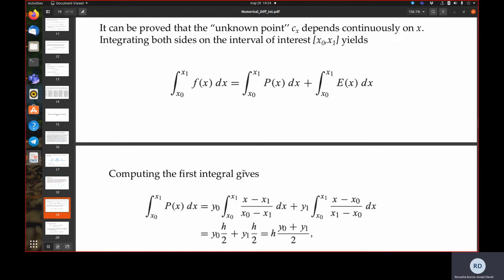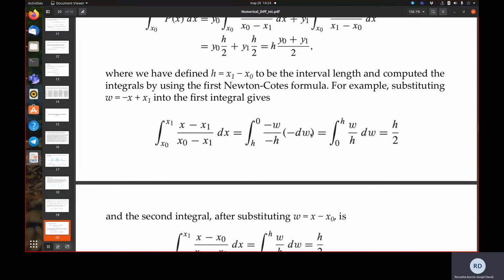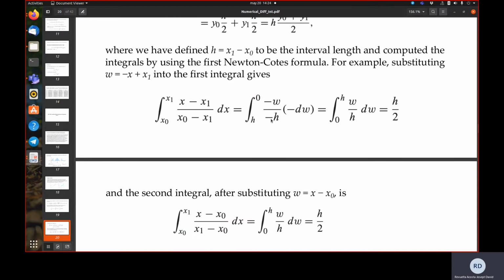So we can do it in different ways. We assume that these are going to be equal to the same integral, but on the other side of the quadrant. So we have 0 and h, and then we can easily integrate this formula, and we see that once we substitute the limits, both of them are going to be equal to h divided by 2.